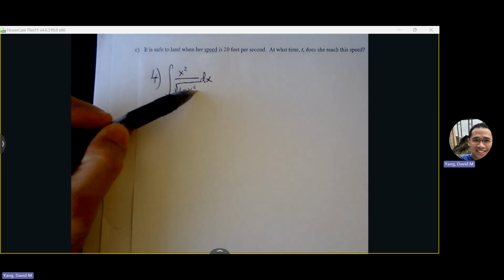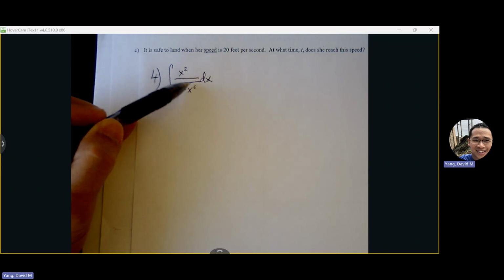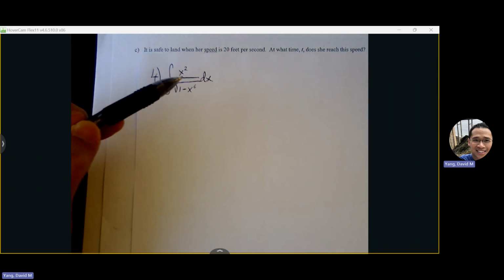This degree versus this degree? Yeah, not only bigger, but that gap is 2 or more, right? If the gap is 2 or more, that means your normal U substitution is not going to end up canceling out.